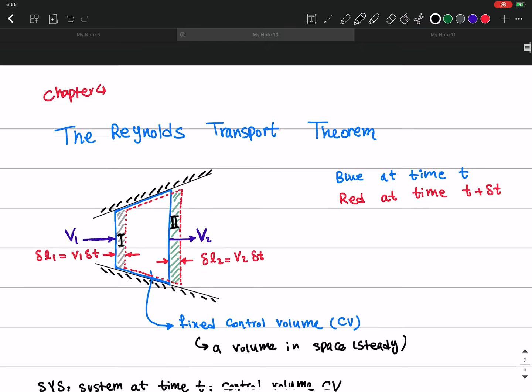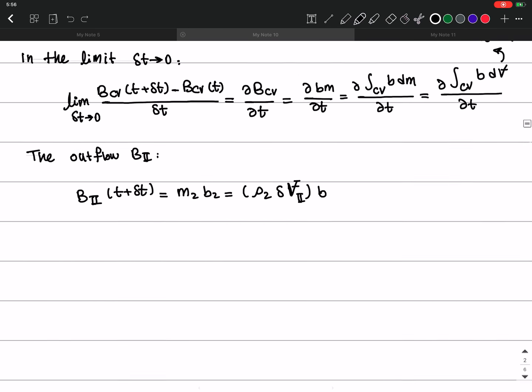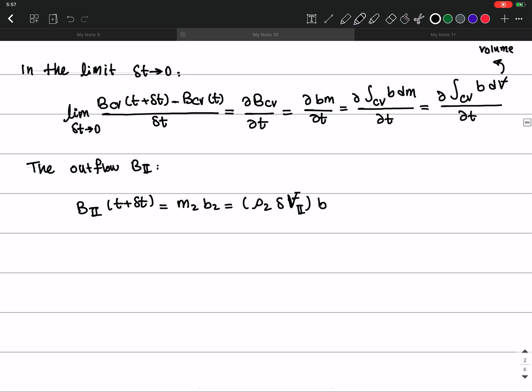This is the whole volume of that. We just call this delta V2. Again, this is volume. This is different than this V, which is velocity. Just remember that. In order to distinguish that, I just add a line here.